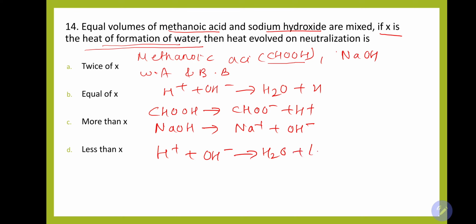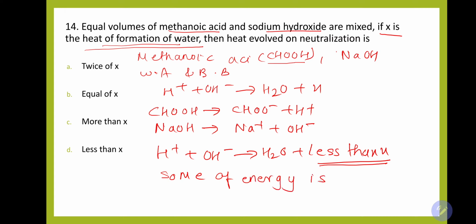Plus less than X. Okay, so the heat will be what? The heat liberated here will be less than X. Why is it so? Because some of the energy is lost in ionization.